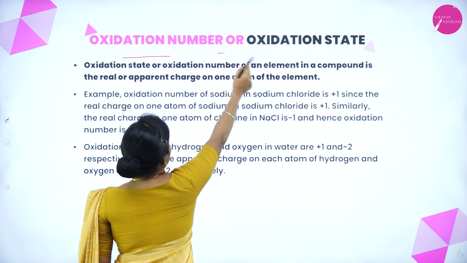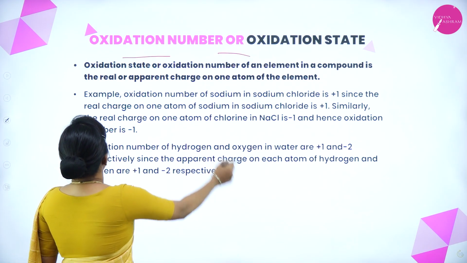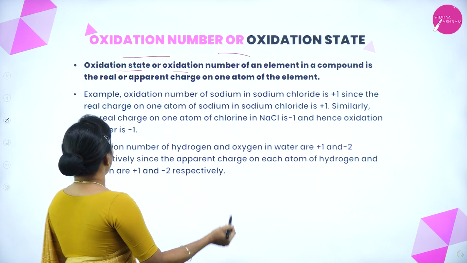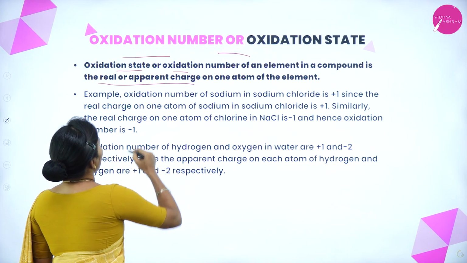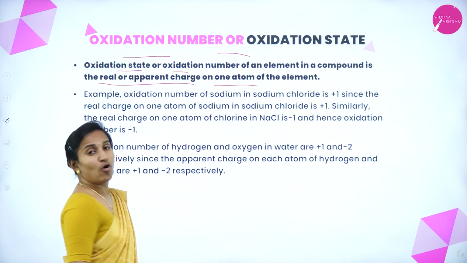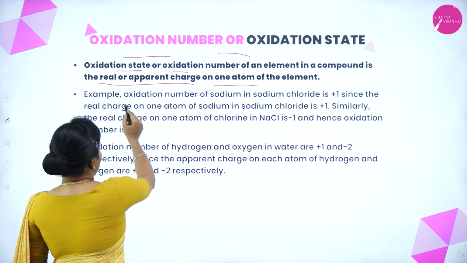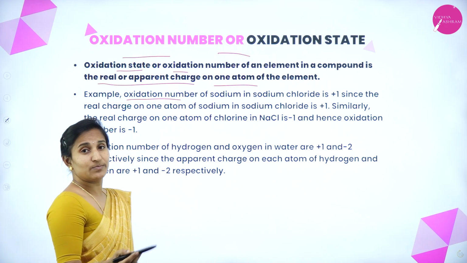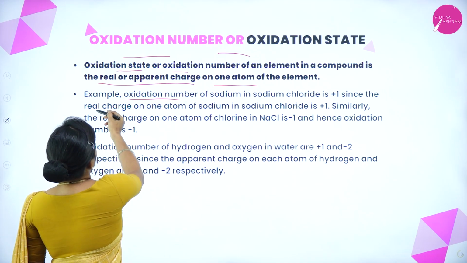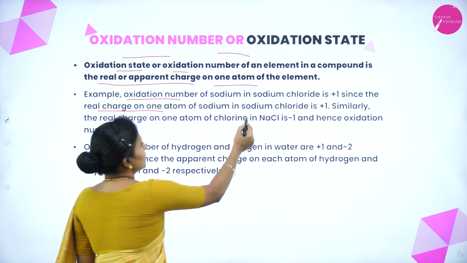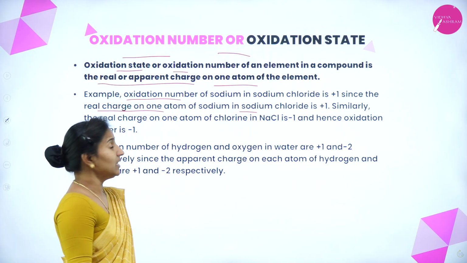Oxidation number or oxidation states. The oxidation state or oxidation number of an element in a compound is the real or apparent charge on one atom of the element. Example, the oxidation number of sodium in sodium chloride is +1, since the real charge on the atom of sodium in sodium chloride is +1.